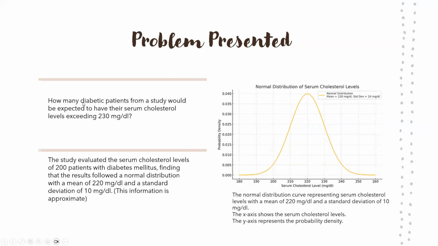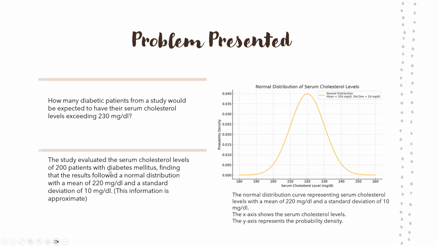So how was the question presented? How many diabetic patients from a study would be expected to have their serum cholesterol levels exceeding 230 milligram per deciliter? The study evaluated the serum cholesterol levels of 200 patients with diabetes mellitus, meaning they have diabetes.